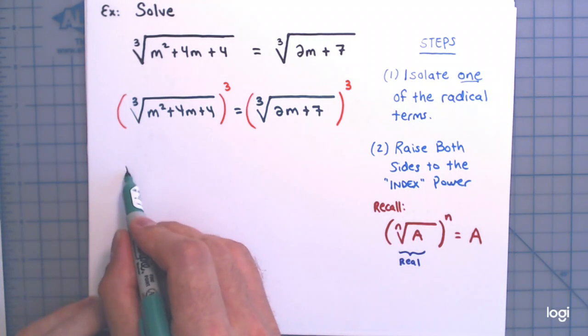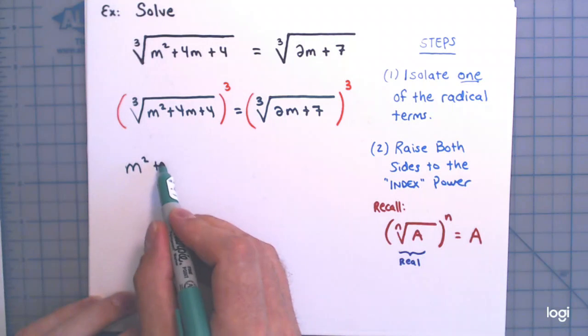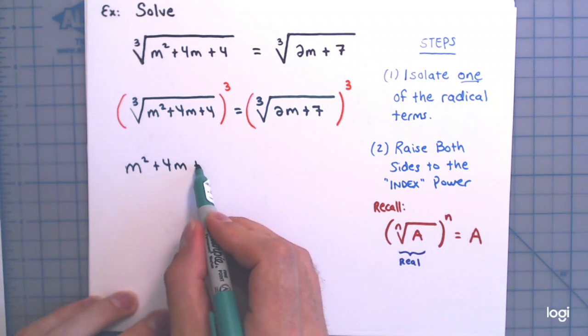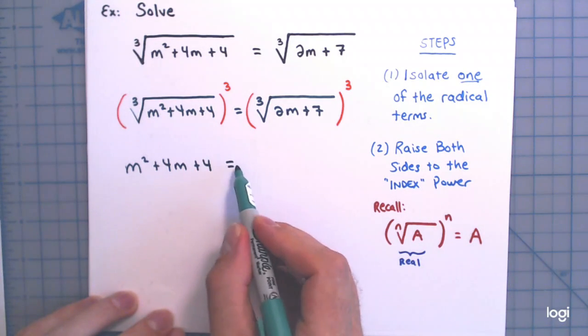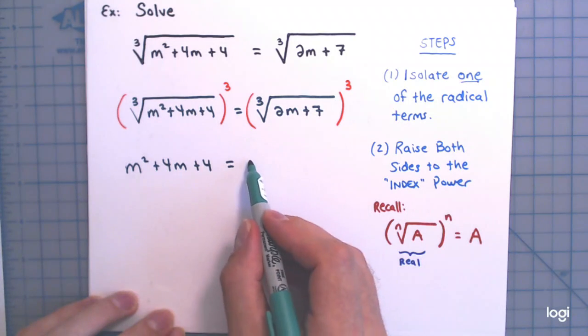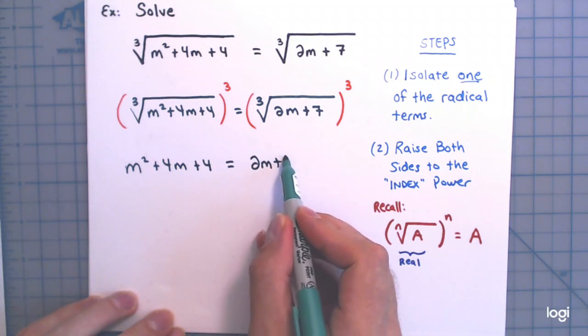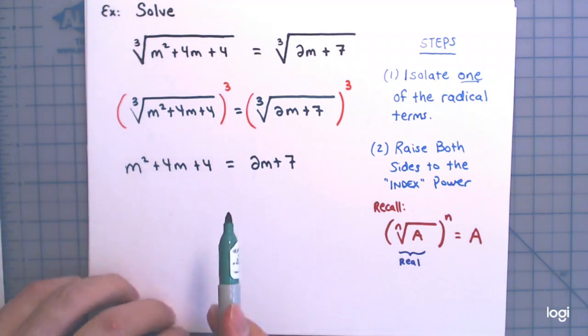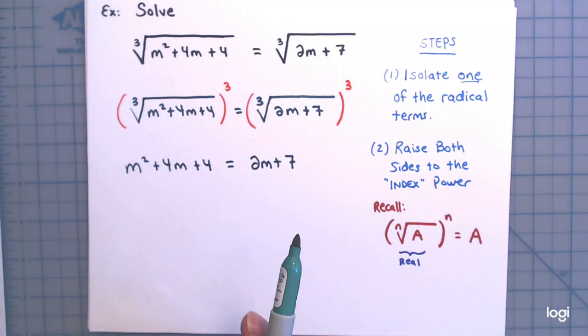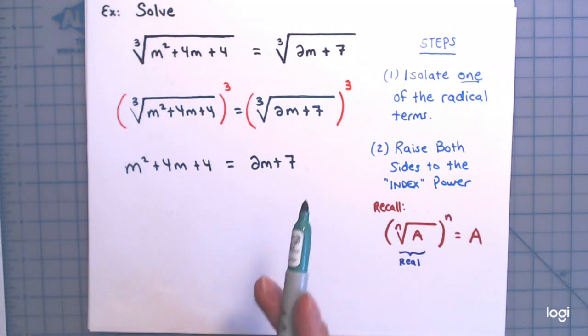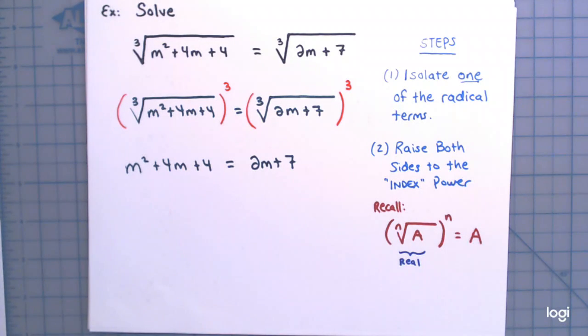On the left, I'll have m squared plus 4m plus 4, and on the right side equals just 2m plus 7. So for this example, raising both sides to the third power got rid of all the radicals.